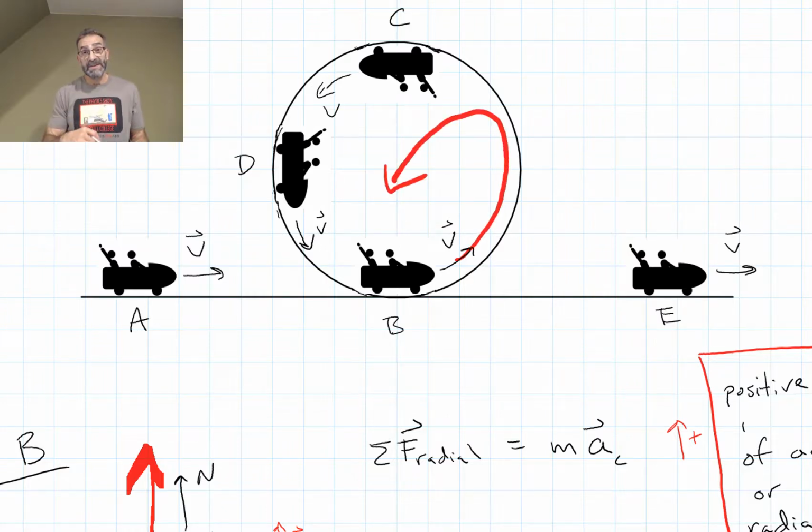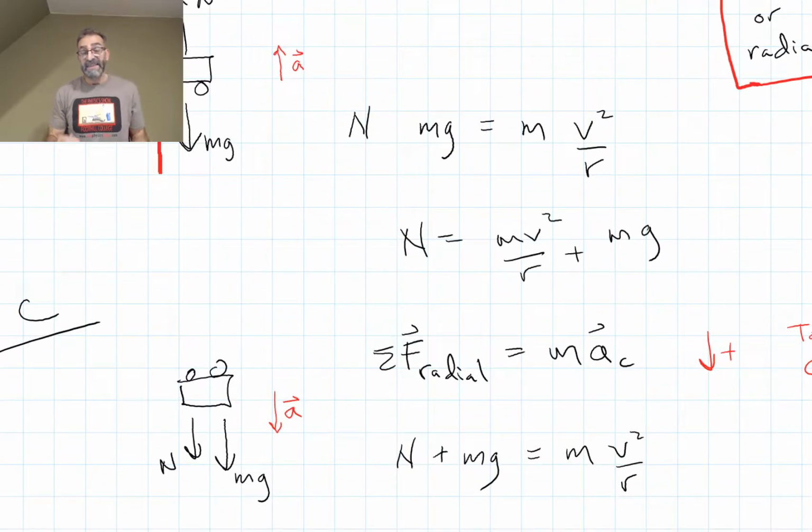It doesn't make it over the circular path. And the minimum speed the car has to have to make it around that loop in a circular motion occurs when the normal force goes to zero. So if we're solving for V minimum, we set the normal force equal to zero.